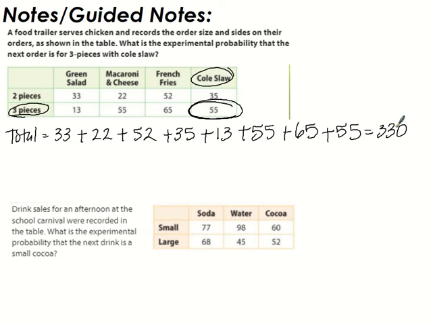Once we have the total, we can then write experimental probability. So our probability of 3 pieces and coleslaw would be 55 out of 330. But now we have to reduce this. We can reduce them by 5 because they are both divisible by 5.